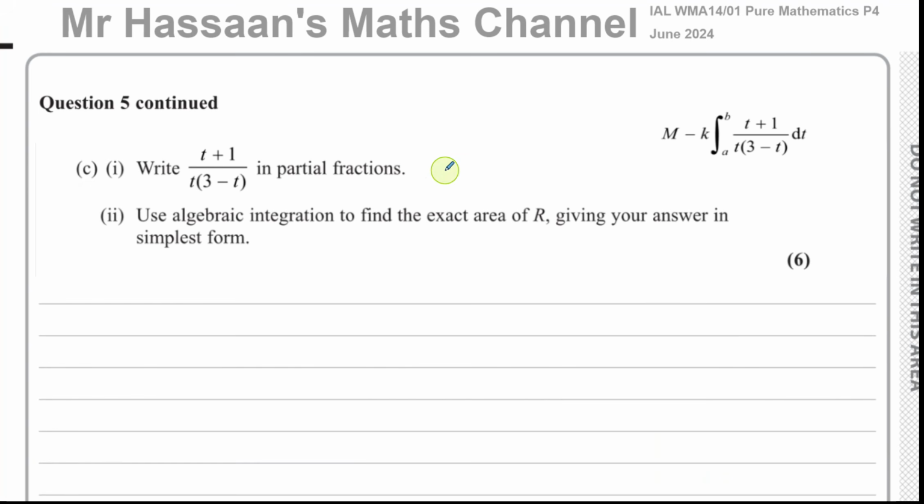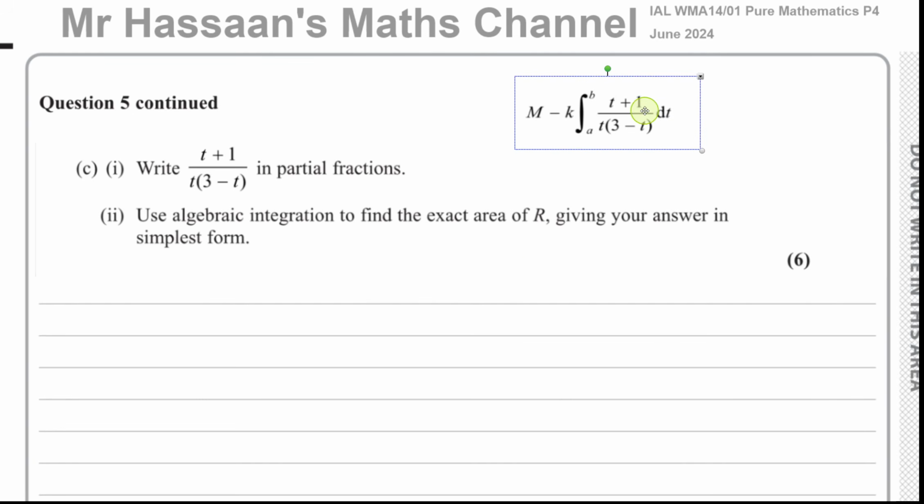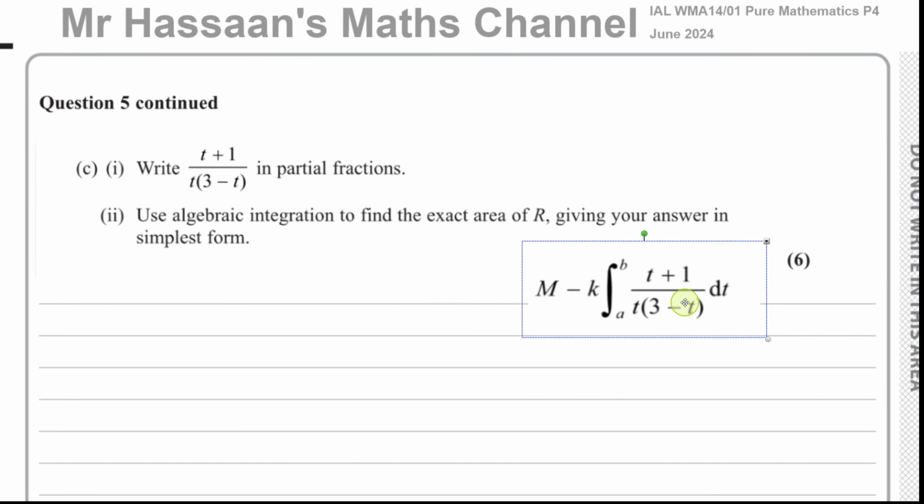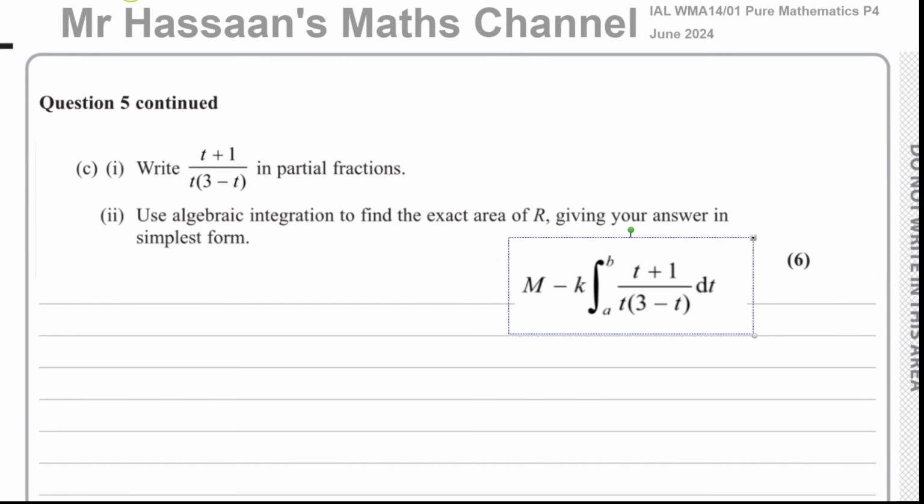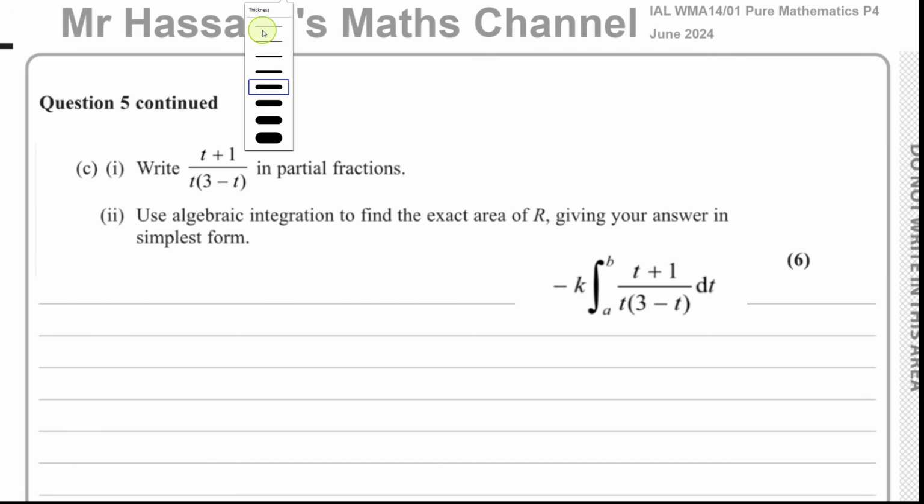Now for part C, it says, first of all, write this in partial fractions, and then it tells us to use algebraic integration to find the exact area of R. So that's going to be for part 2, but just to remind ourselves, this was 5, and this was 4, and this was 1 and 2.